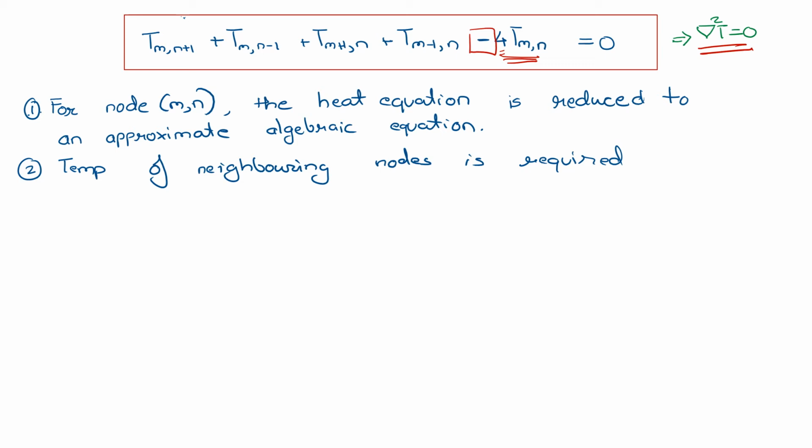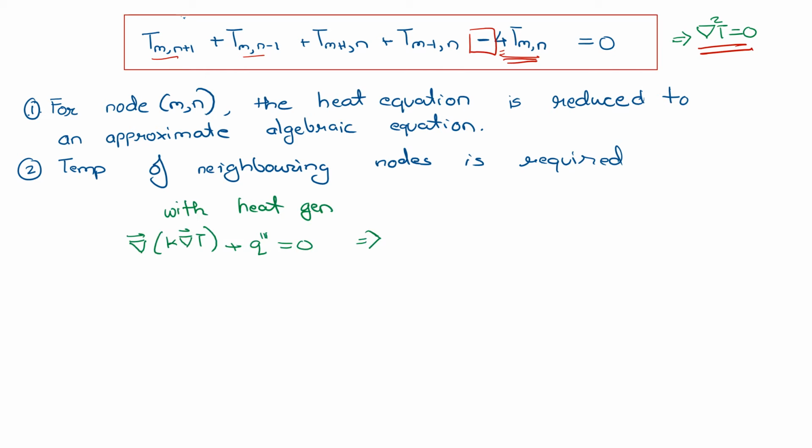So let's say that you just know two of these temperatures and three temperatures are unknown. So somehow you need to make two more equations so that you get a system of three equations to solve the three unknowns or three variables that you have.